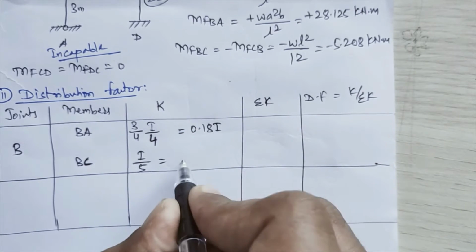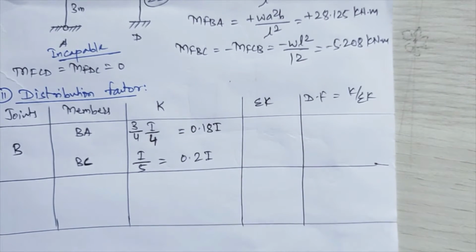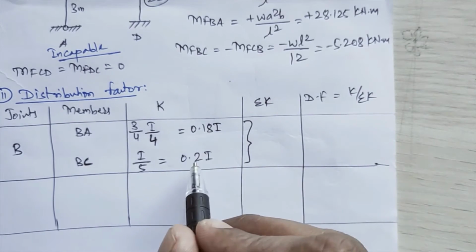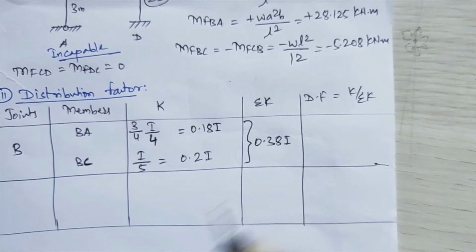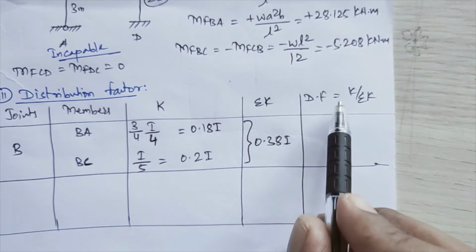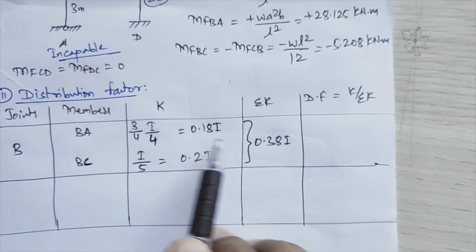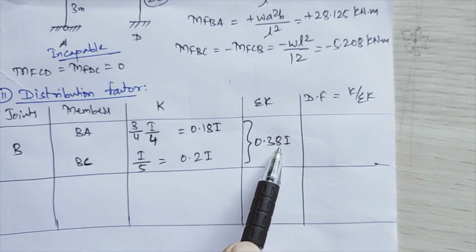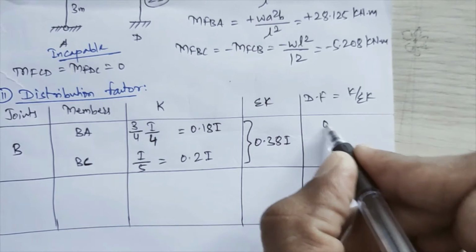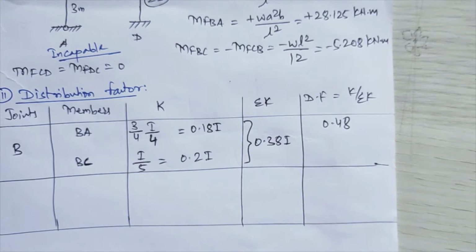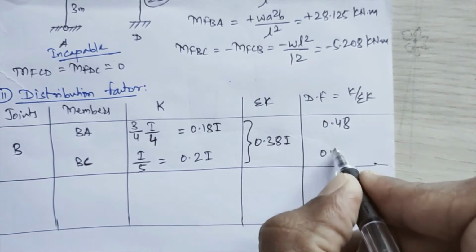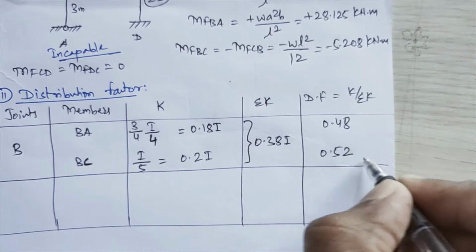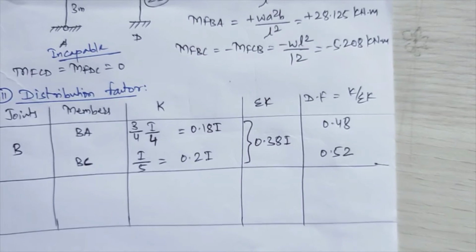So I by 5 comes again equal to 0.2 of I. Here the total stiffness will come 0.18 plus 0.2, which equals 0.38 of I. So if you calculate DF for this BA member, it will be K divided by summation of K, that is 0.18 by 0.38. You will get this as 0.48. I will get cancelled over there, and this will come 0.2 divided by 0.38, which equals 0.52 over there. The summation shall come equal to 1 at a particular joint.